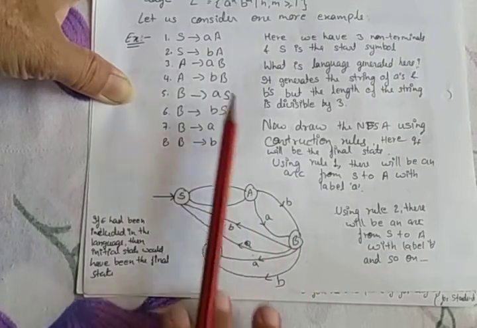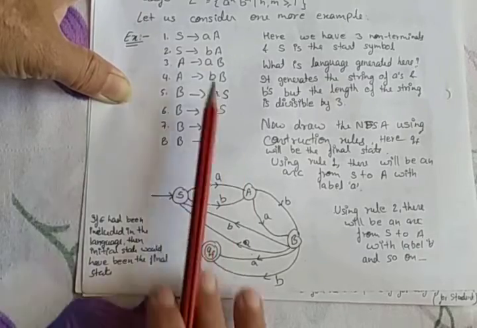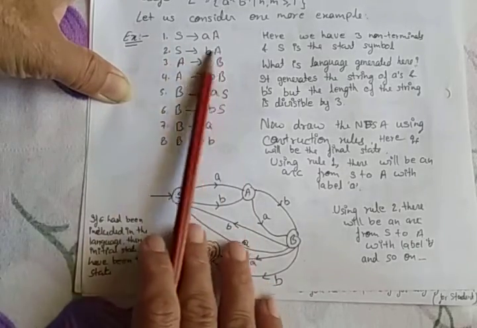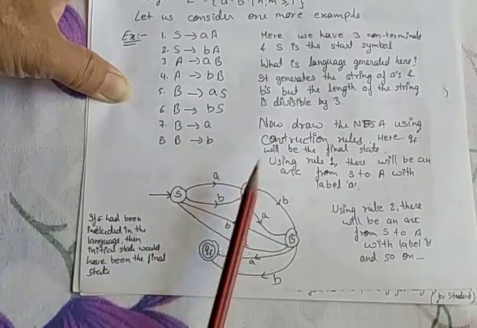Now start with the starting symbol. S will be the Q0, the initial state. Now follow these rules and start constructing the automata.